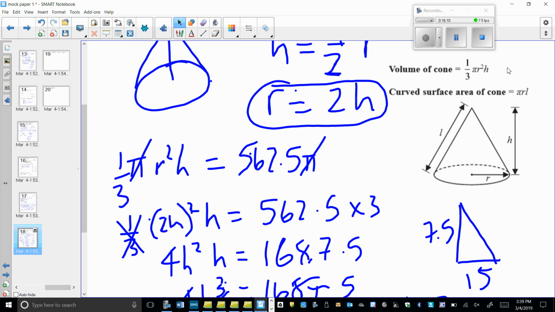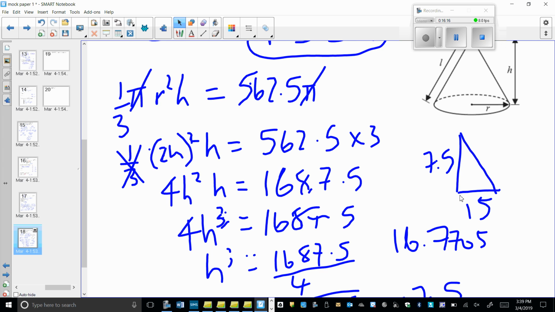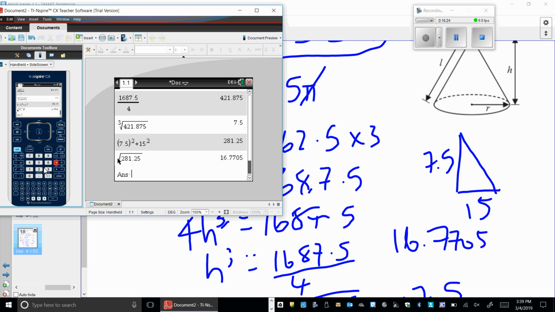So pi times r times l. So that's L multiplied by pi multiplied by R, which is 15.